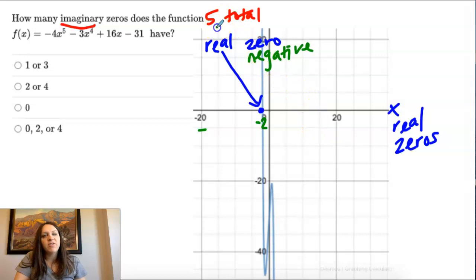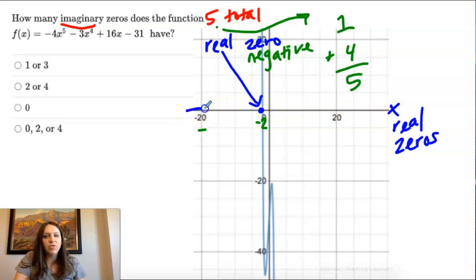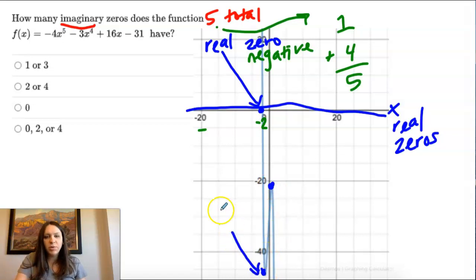So right now of these 5, I only have 1. I need 4 more to get to that 5. And there's nothing else that crosses the x-axis. But we do have these twists and turns here. So right here, this bump counts for 2 imaginary, and this one that goes up and down, it's like a quadratic that counts for 2.